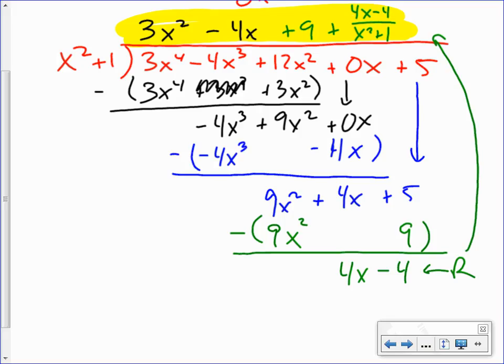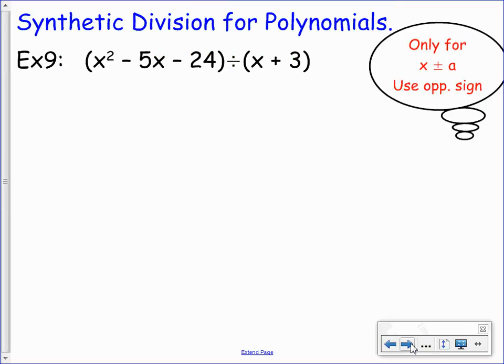Okay, here we go. Somebody actually did find a shortcut. It is the same process. You're basically doing the same thing, but you don't have to write all the x squareds and stuff. This method is called synthetic division. Repeat after me, synthetic division.